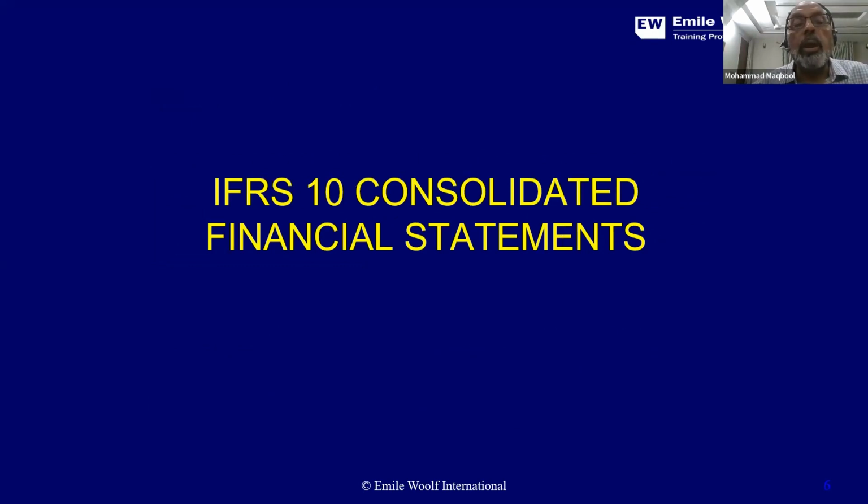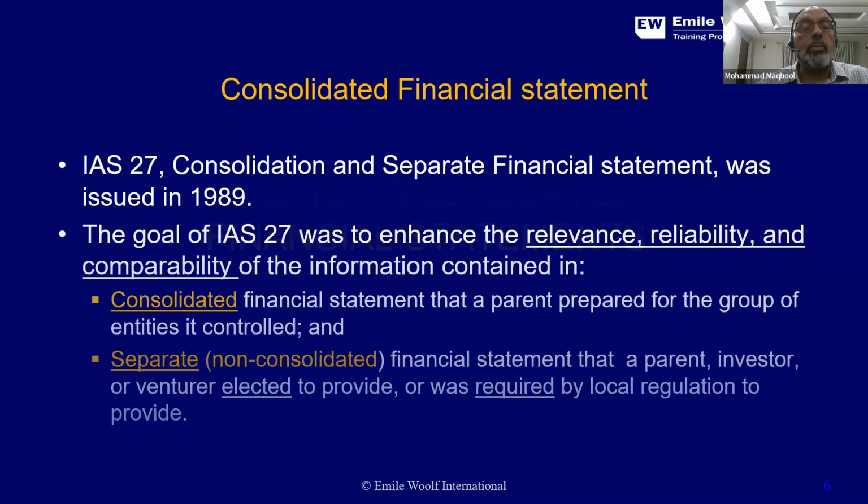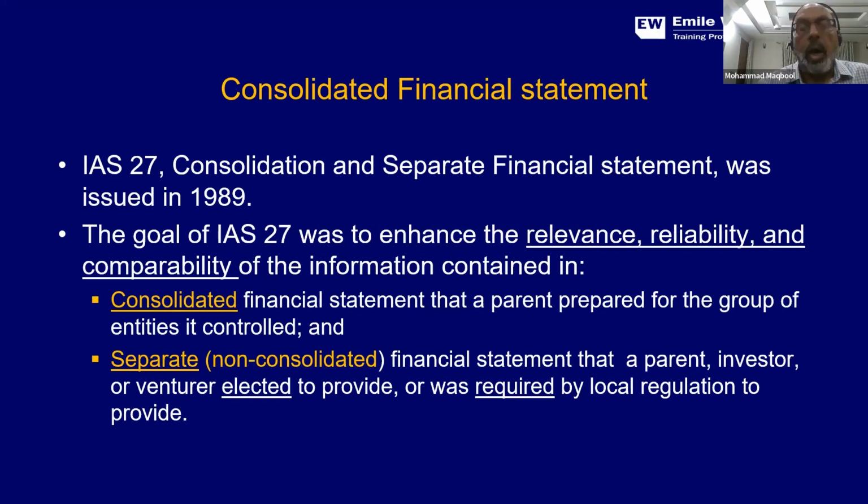Then consolidated IFRS, which is IFRS 10. We'll be looking at what I discussed last time; it deals with the consolidated financial statements. The old IAS 27 used to deal with the consolidated as well as separate accounts. Now for separate accounts, we have the new IAS 27. For consolidated, we have IFRS 10.